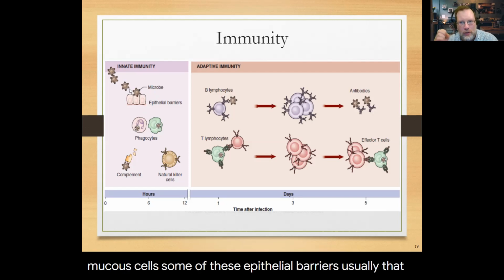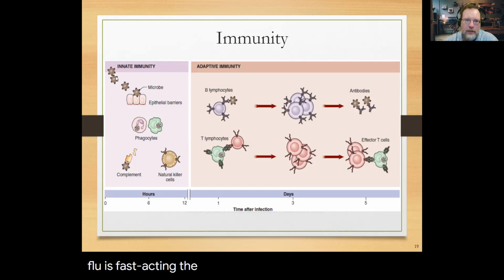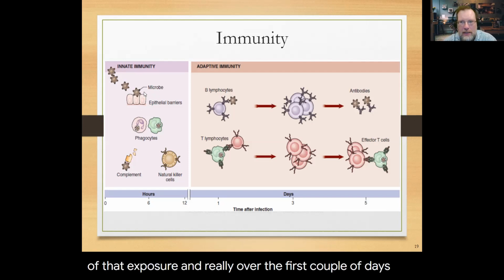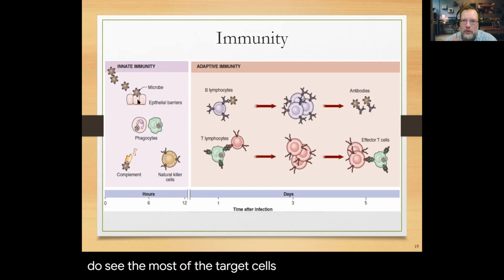Usually the flu virus is fast acting, within a couple of hours even of that exposure. And really over the first couple of days, we do see most of the target cells destroyed. So that first line of defense starts to get broken down.